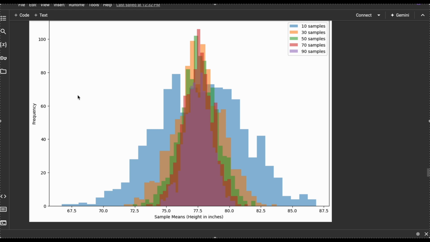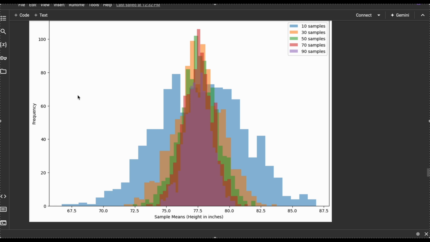Finally, with 90 samples, the distribution of the sample means closely resembles a perfect bell shape, a normal distribution. The CLT is especially useful for data scientists and analysts to make inferences about population parameters from sample data, even when the underlying distribution is unknown.